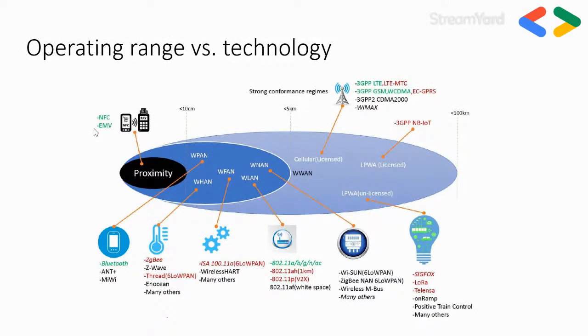Okay. Again, I think this replicates that slide of the different protocols and their suitability for different types of range or applications. Here, up till here, we are talking about low power wide area networks.